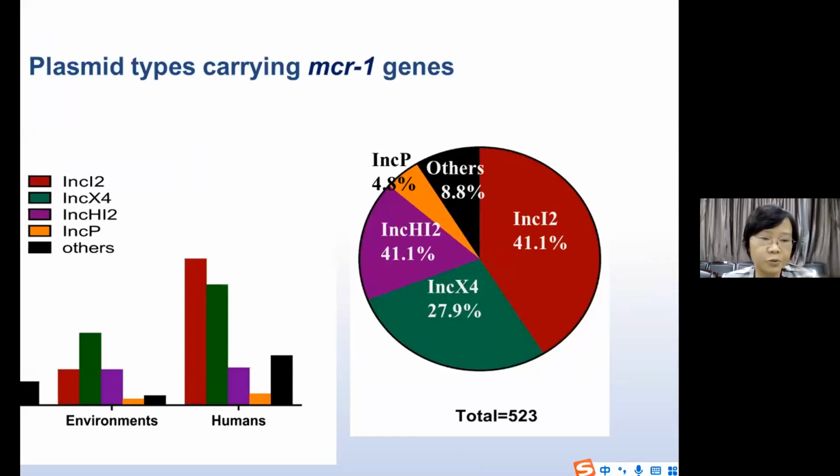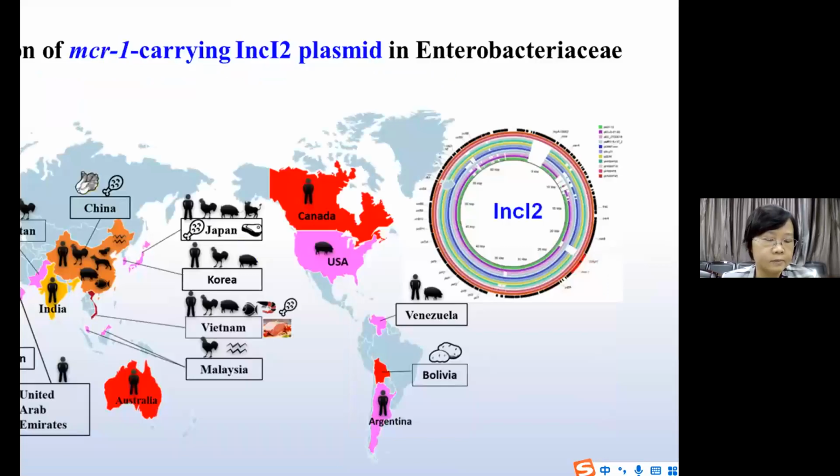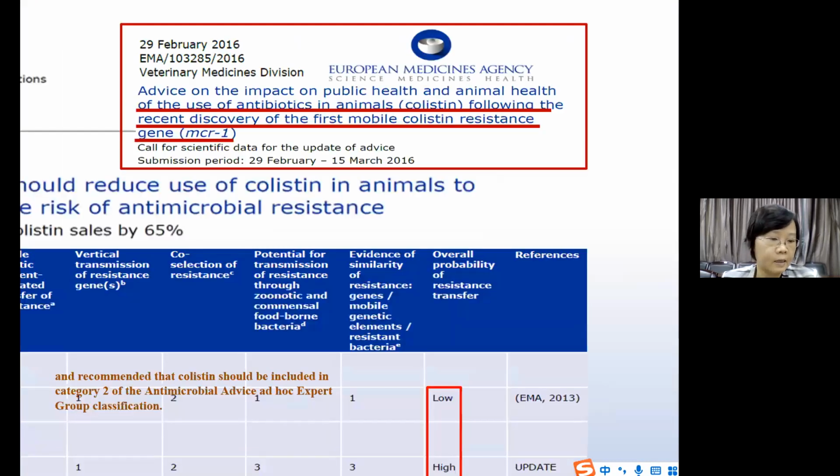MCR1 is widely spread globally through several plasmids, especially IncI2 and IncX4 plasmids. The IncI2 plasmids carrying MCR1 have been detected in over 50 countries and regions, and IncX4 plasmids carrying MCR1 have been detected in over 40 countries and regions.